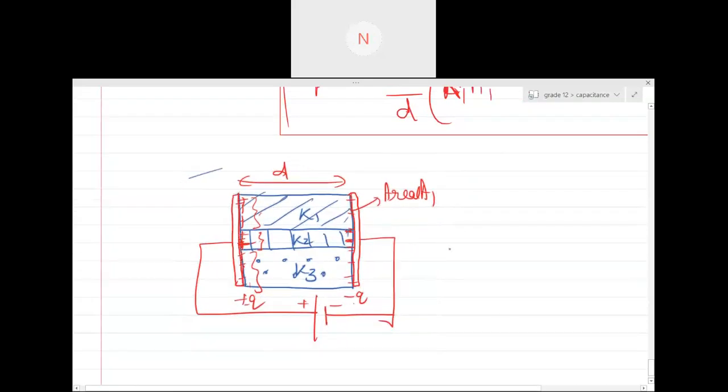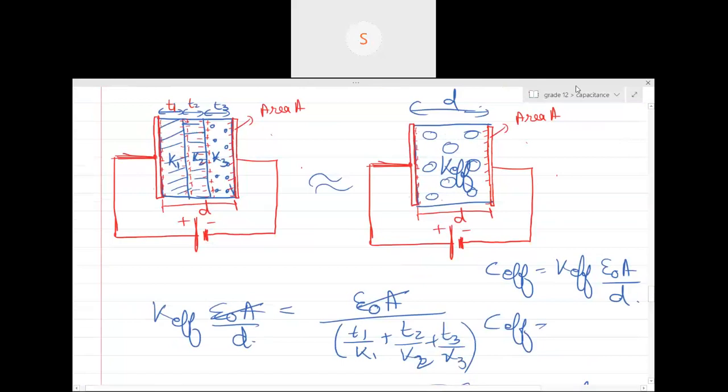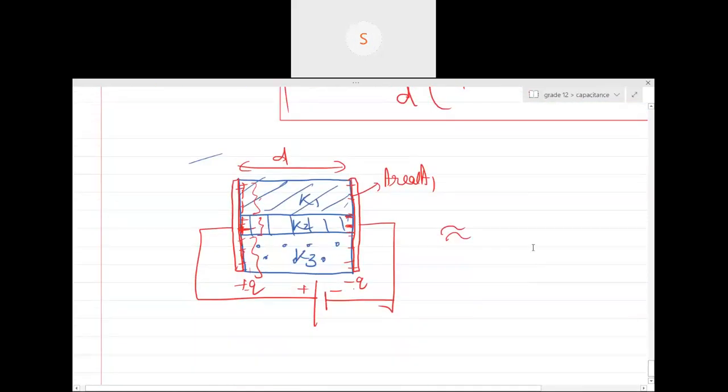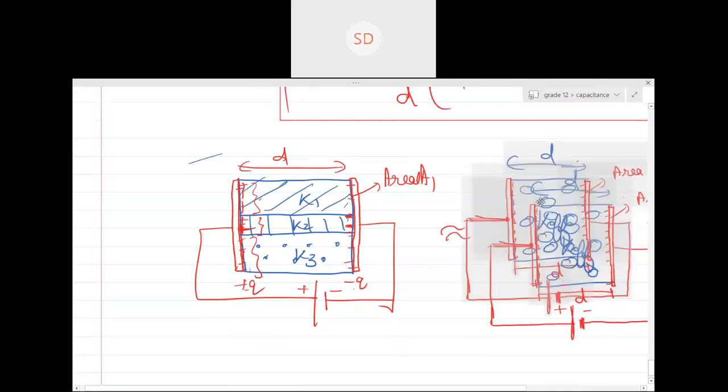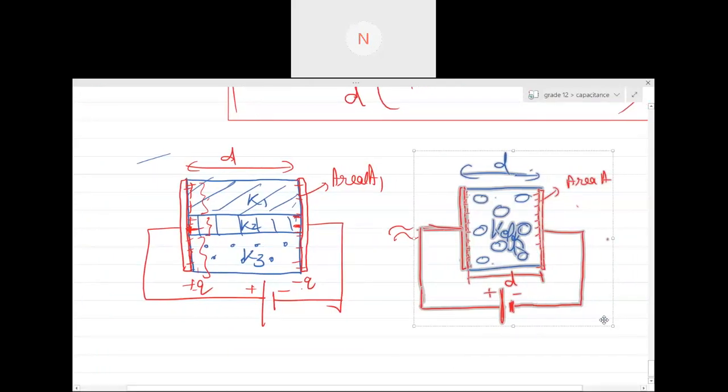So basically what I want is this to become this. Guys, are you understanding my point?